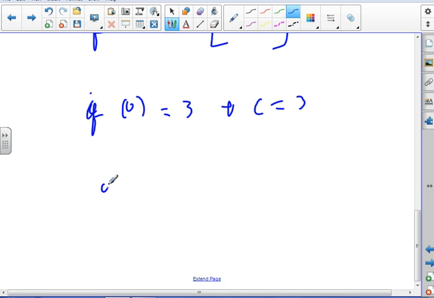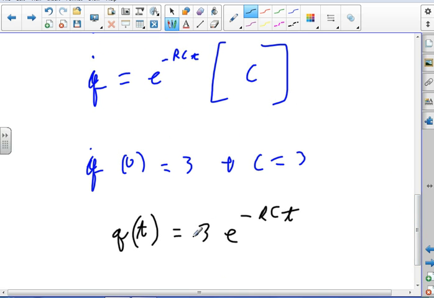And my final equation: Q of t, the charge, is 3e to the minus t over RC. So if I told you the initial charge on the capacitor was 3 coulombs and the time constant was RC, you could tell me without any help from the equations that that would be the case.